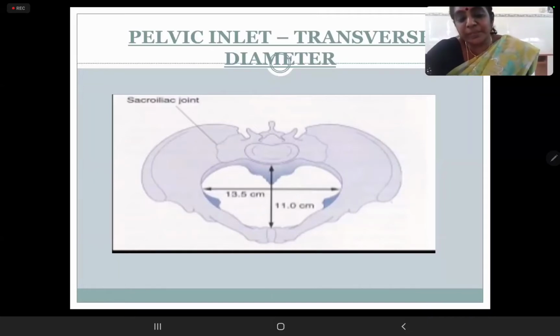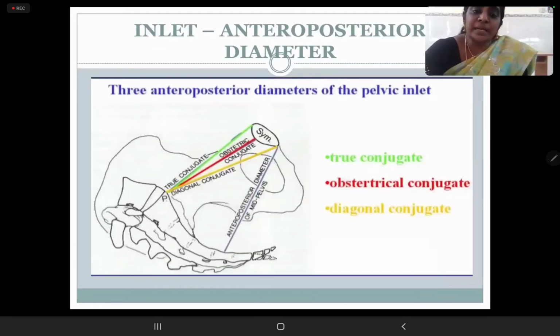The point to remember is that in the inlet, the transverse diameter is bigger than the anteroposterior, approximately 13 to 13.5 centimeters. The anteroposterior diameter is smaller than the transverse.